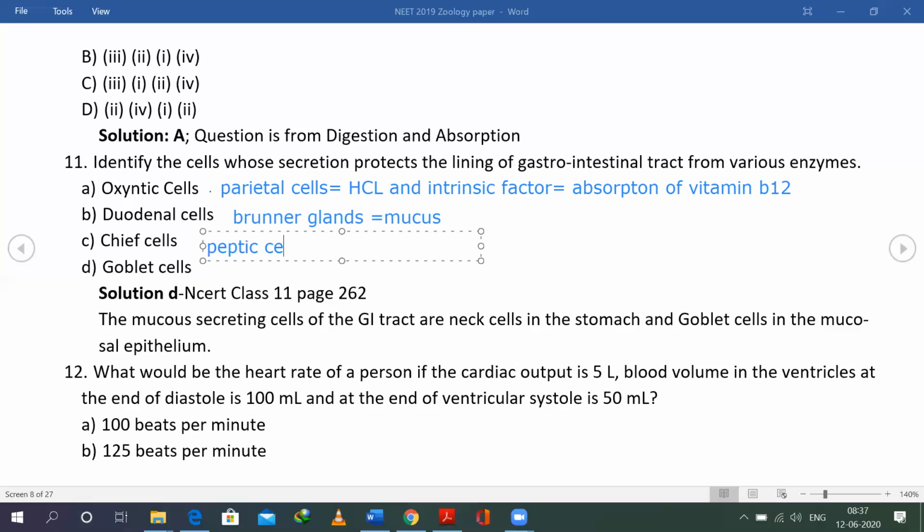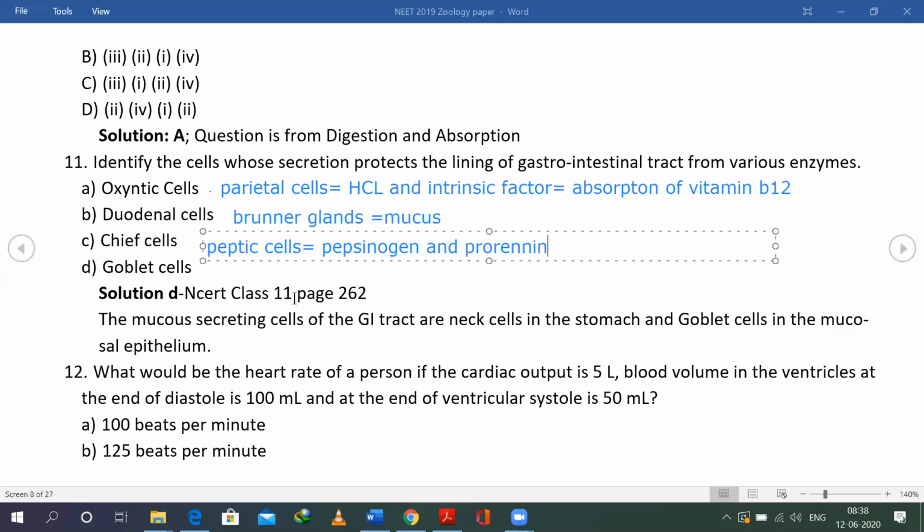What do these peptic cells secrete? They secrete the enzymes pepsinogen and prorenin. So that is the function of the chief cells.